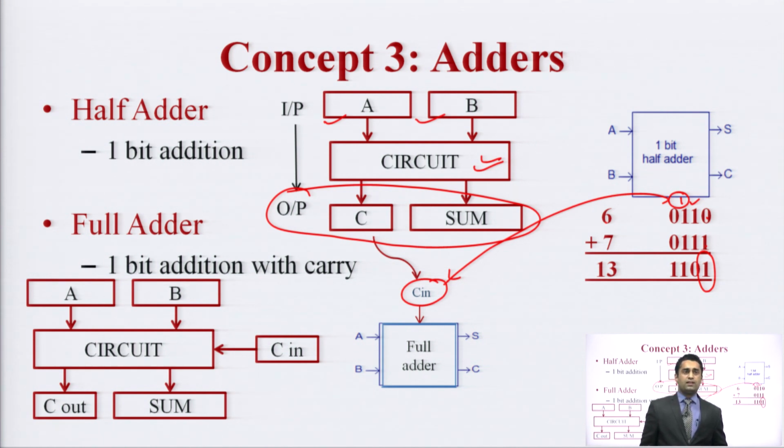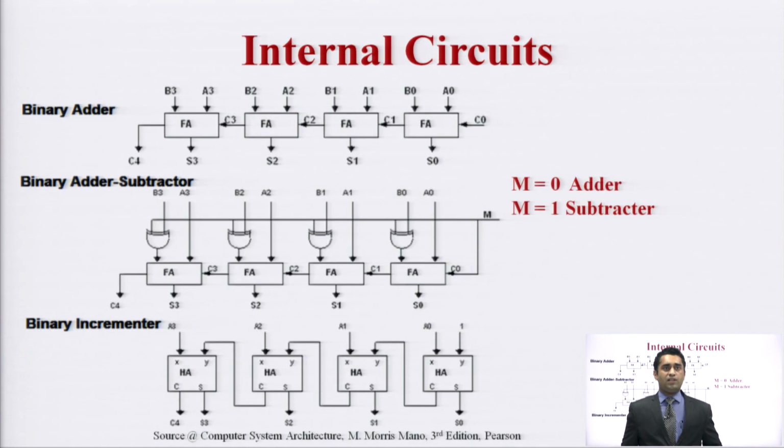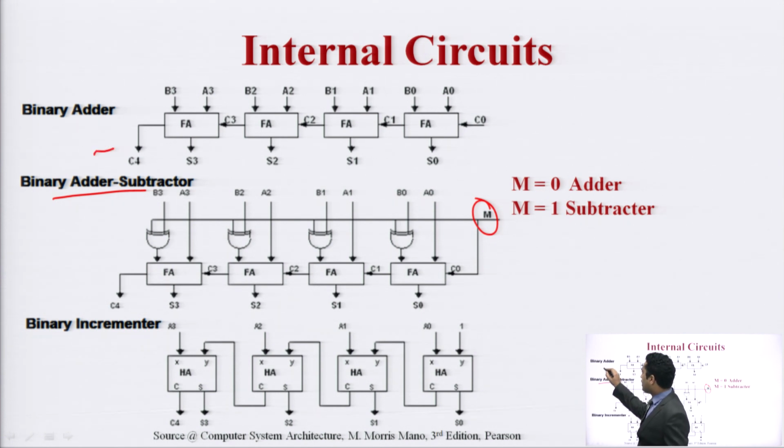So this is the basic prerequisite part, and in terms of ALU we are using the hybrid structure like this, which is a binary adder subtractor, where this M is important. In some traditional circuits, we are able to see the binary adder of 4 bits where we are using 4 full adders.